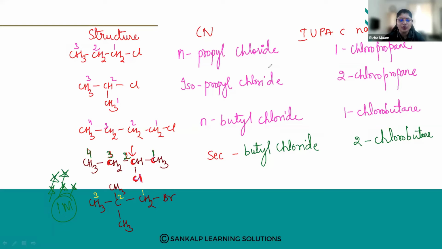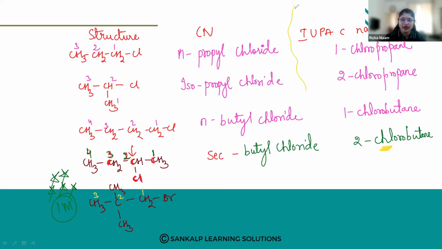Somebody answered 2,2-dimethyl bromopropane. See here, whenever you are numbering in IUPAC, Yamuna has answered. Your answer is correct, but make a small change in the IUPAC name.